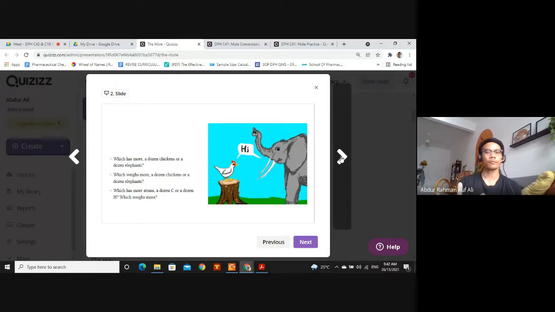But which weighs more? Carbon weighs more than hydrogen because it has more protons.